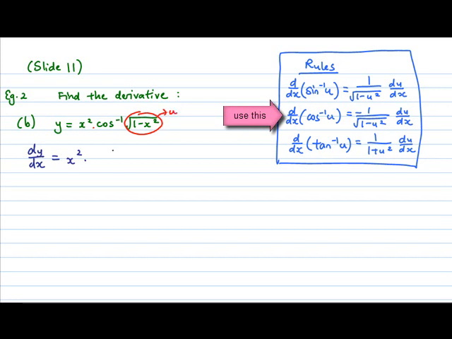So if I differentiate this, I'll get negative 1 over square root of 1 minus u squared. If I were to square this square root, the square root will disappear. Then now I must differentiate square root of 1 minus x squared. That's the u. I'm not done. Now I have to keep cosine inverse and differentiate x squared.